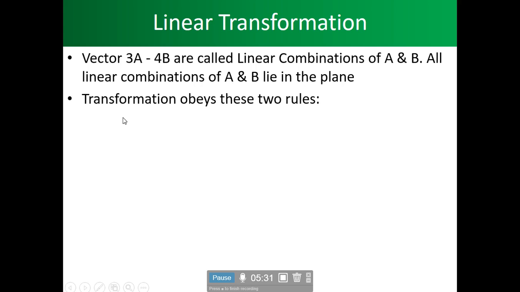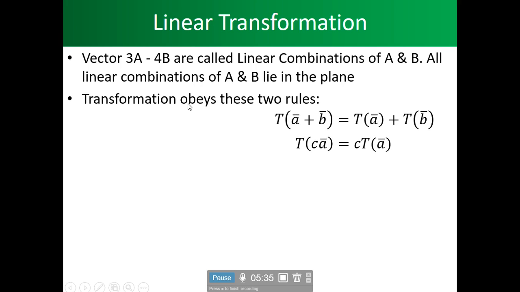Now, when you do transformations, they have to follow certain rules. The 2 rules that we'll be talking about are the addition rule, of what you do inside of that domain, that you can separate them and they'll still add up to be the same, or you can multiply a constant on the inside and bring it outside, and that's scalar.